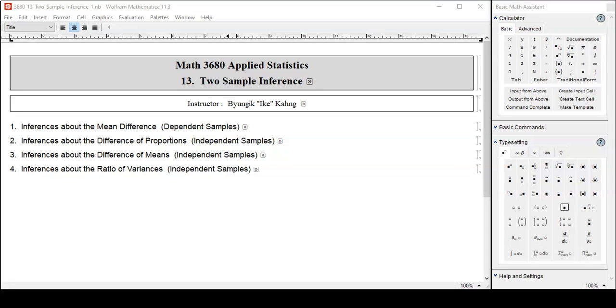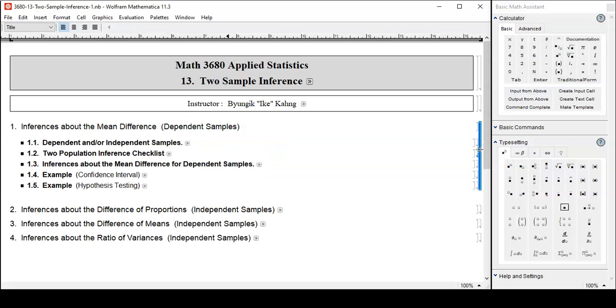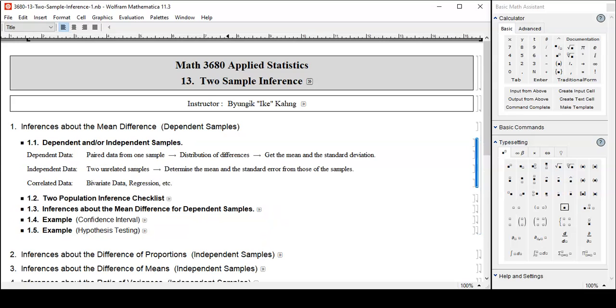Okay, let's begin. First, let's consider the two-sample inference for two dependent samples. We can consider two completely dependent data and two completely independent data, and somewhere in between, two correlated data.